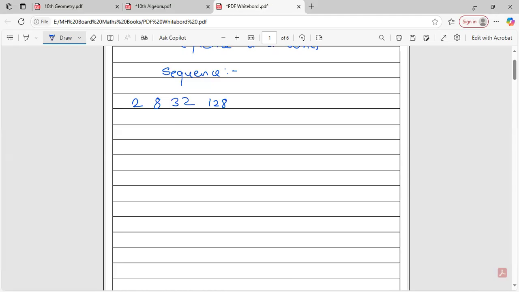I'm talking slowly. See the sequence of numbers. Can you see it? 128 divided by 32, 32 divided by 8, 8 divided by 2. Tell me this ratio, what it will be.